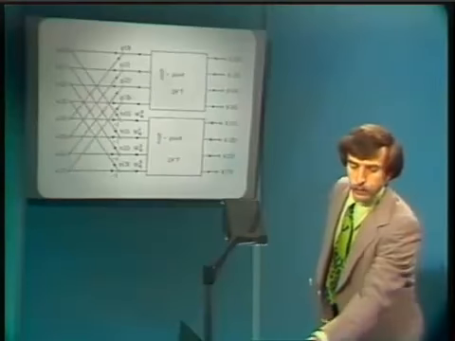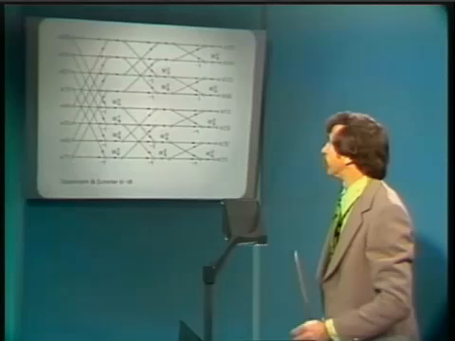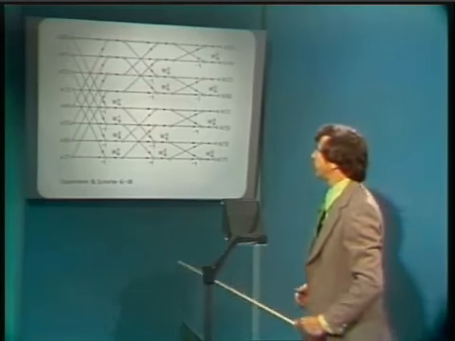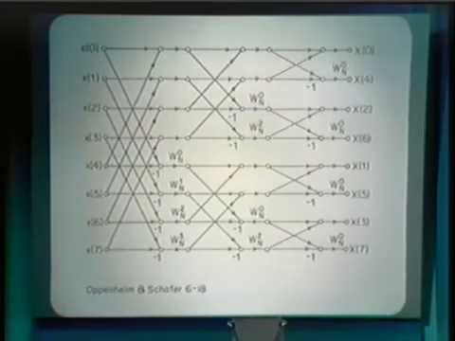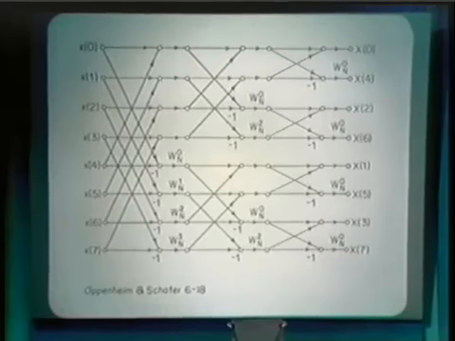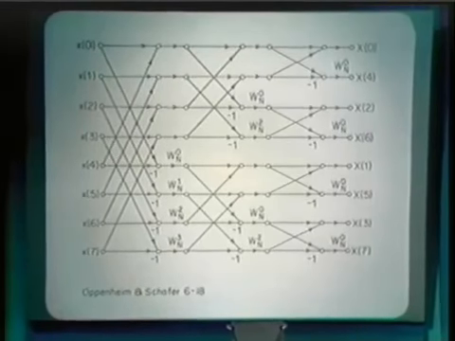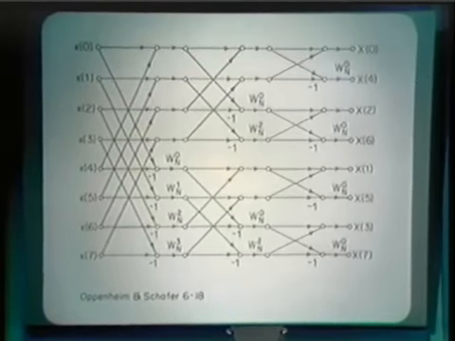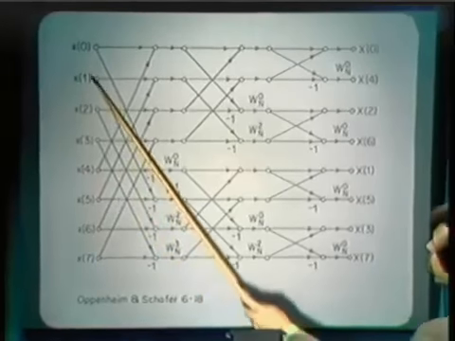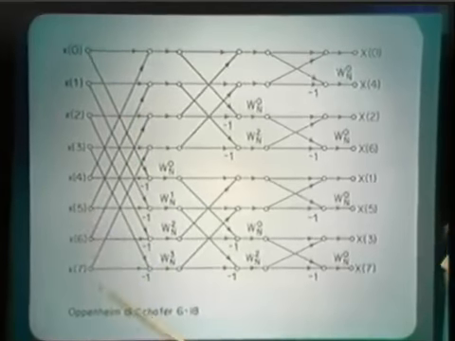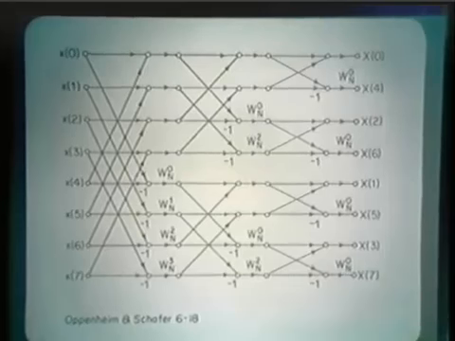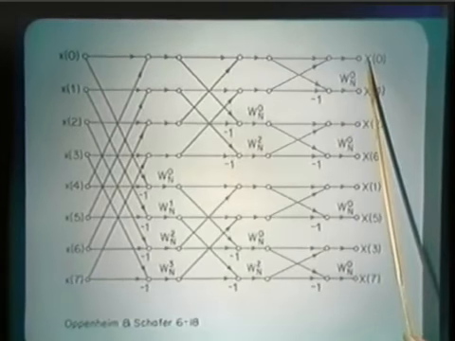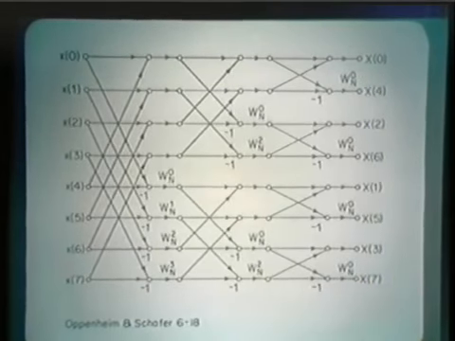And the flow graph that resulted from this procedure was, as I've shown here, one form of the decimation in frequency form of the fast Fourier transform algorithm. It begins with the data sorted in normal order and proceeds to the data sorted in bit-reversed order.